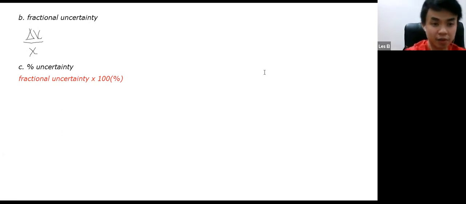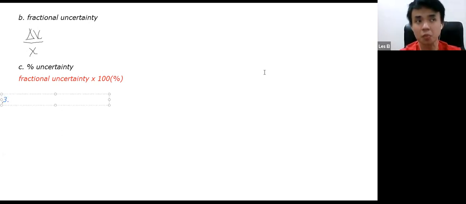Now the third point. We're going to discuss how to get the absolute uncertainty. So actually, there are several ways here.